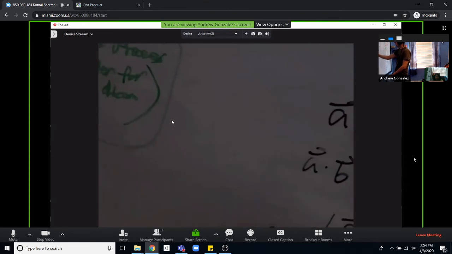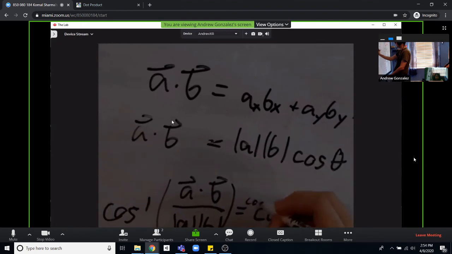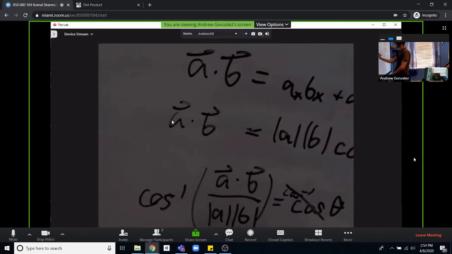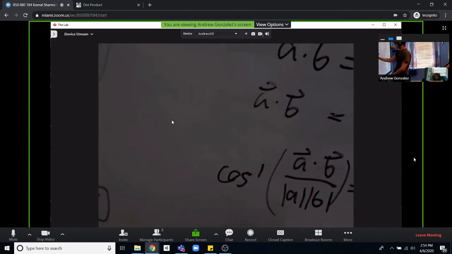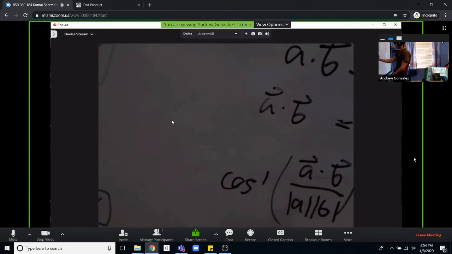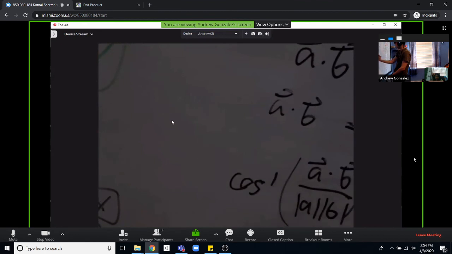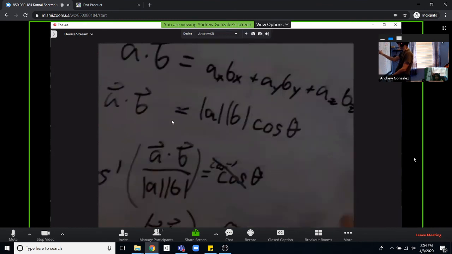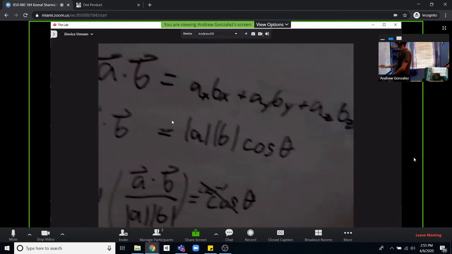So cosine inverse and cosine cancel out, leaving theta on one side. And then we have the inverse cosine of the dot product divided by the magnitude of A times the magnitude of B. All right, so that's how you find the angle between two vectors, as shown here, and you could do this for any two vectors.